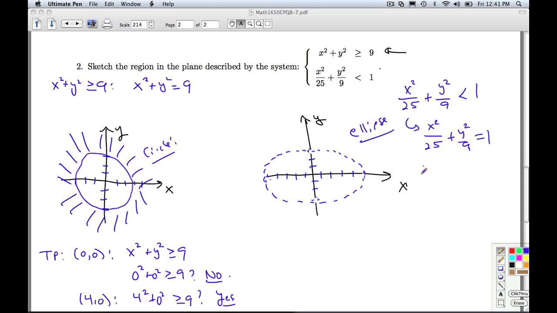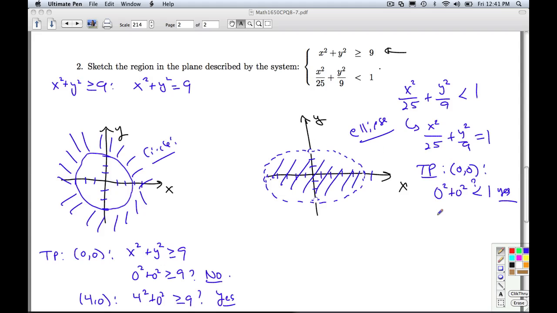So let's take some test points. A convenient point inside the ellipse would be 0, 0. And so if I plug 0, 0 into the inequality, I get 0 squared plus 0 squared. Is that less than 1? The answer is yes. So it means I'm going to be shading inside the ellipse. And pick a point outside the ellipse.